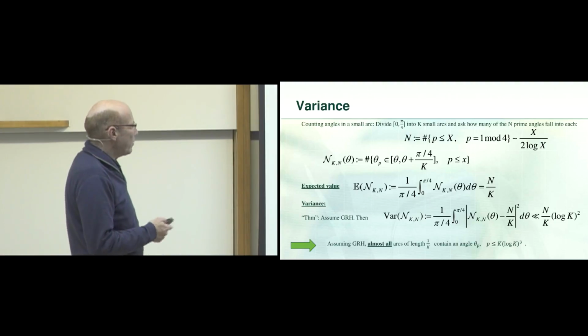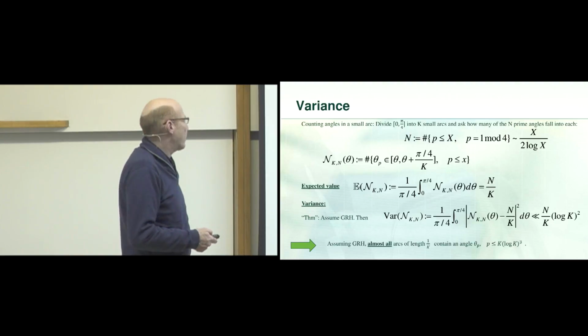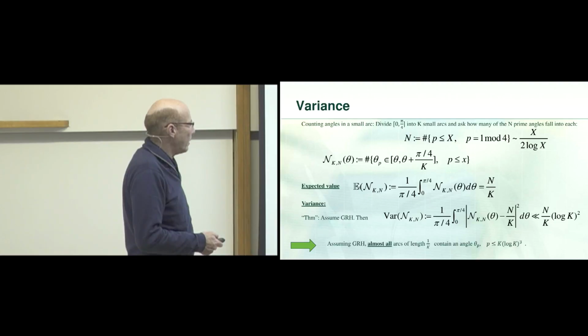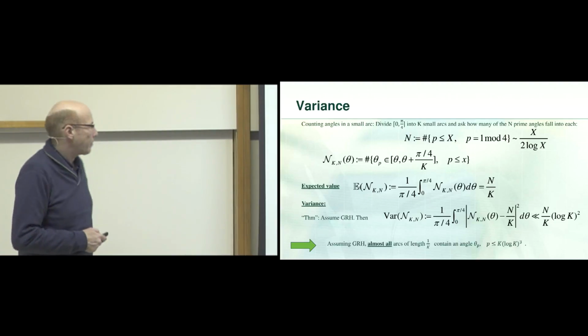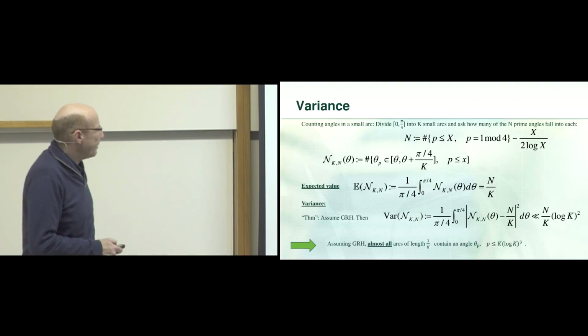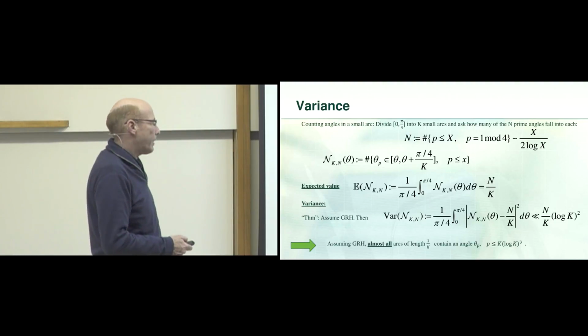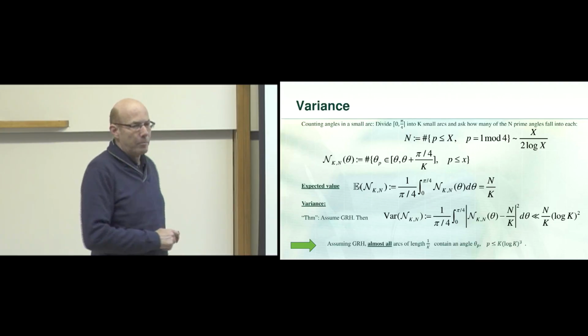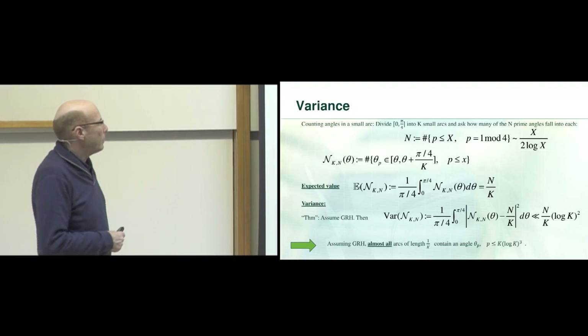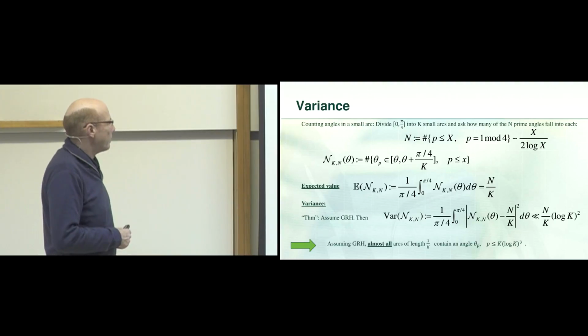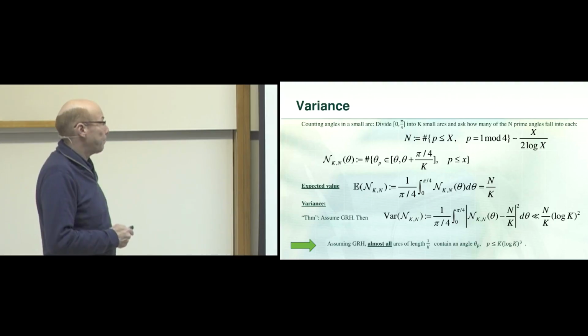And once you trace through, you use Chebyshev's inequality, you will deduce that almost all arcs of length 1 over k contain one of these prime angles. So the main thing is to get a good bound on the variance, and I have to assume the Riemann hypothesis for here. I didn't see that the zero density theorems available are powerful enough to help me here.